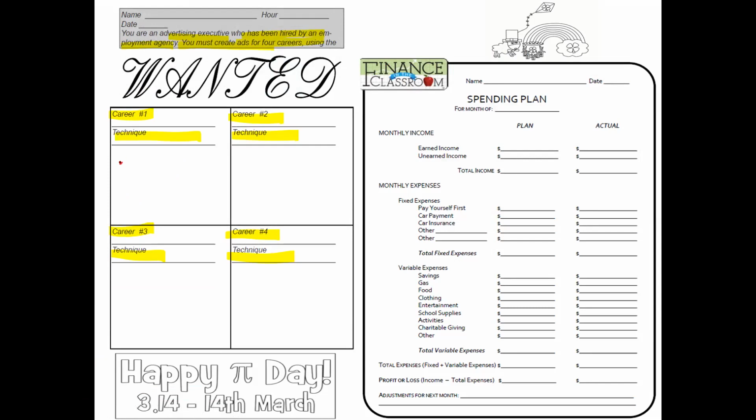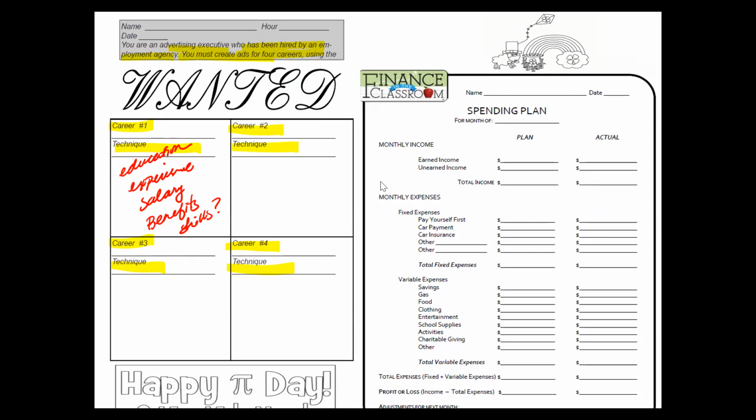For example, what is the education? What is the experience? What is the salary? What are the benefits? And lastly, what are the skills? If you need an example, let's take a look at Google. Let's say career ad for, I'm just going to do a civil engineer.